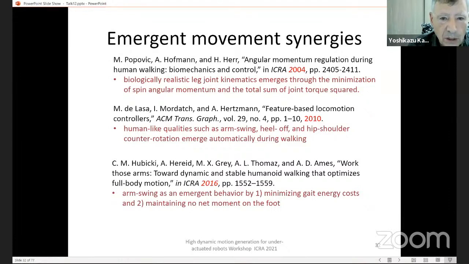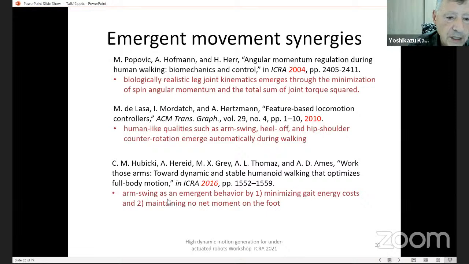These are, well, I hope you know them very well in humanoid robotics, like Goswami and Herr, you have this spin angular momentum relation. In Dellasa, in animation, and some recent work also.